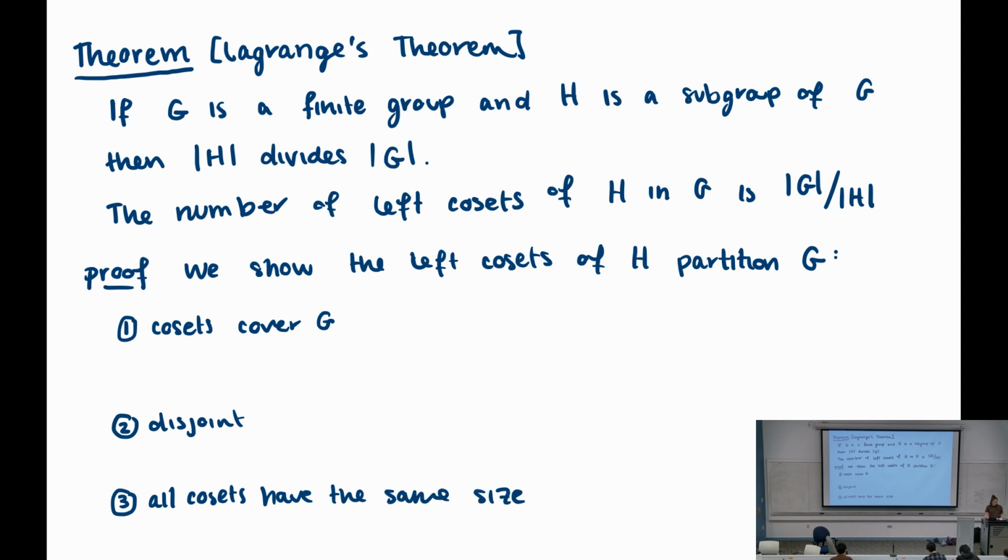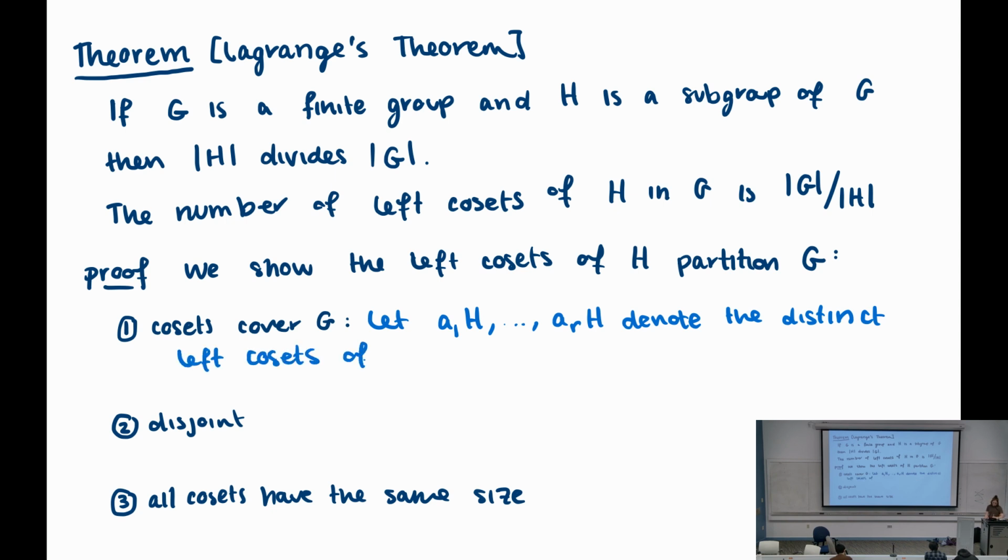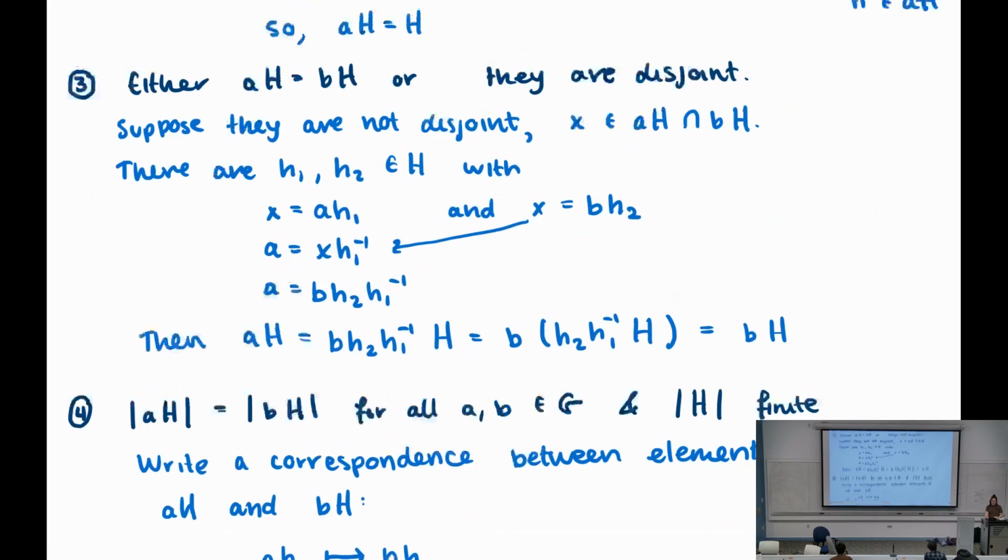Okay, so why do the cosets cover G? So let's let a1H up to a_rH denote the distinct left cosets of H in G. So let me just go back to the example from last time quickly.